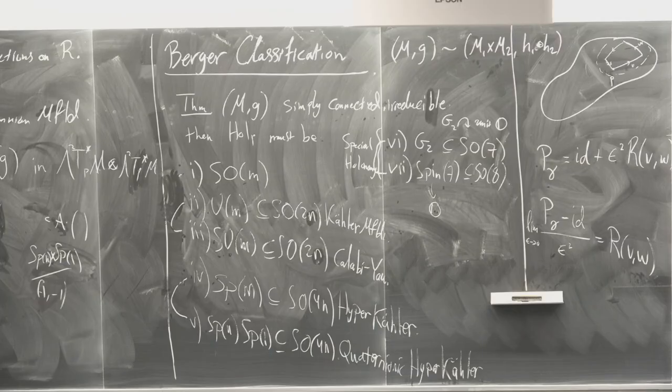Let me just double check here, just to be sure. Yeah, Ricci flat are SU(m), Sp(m), G2 and Spin(7). Yeah, that's it. And then Sp(m), Sp(1) is Einstein, but not Ricci flat.